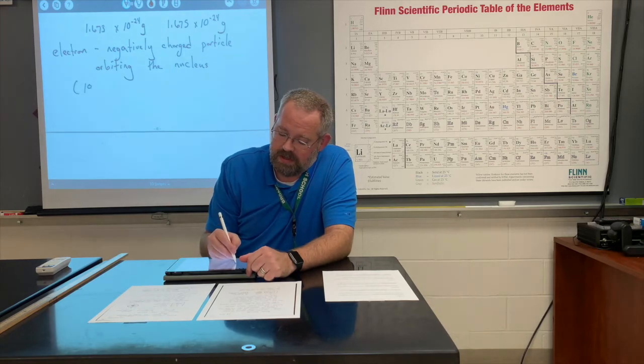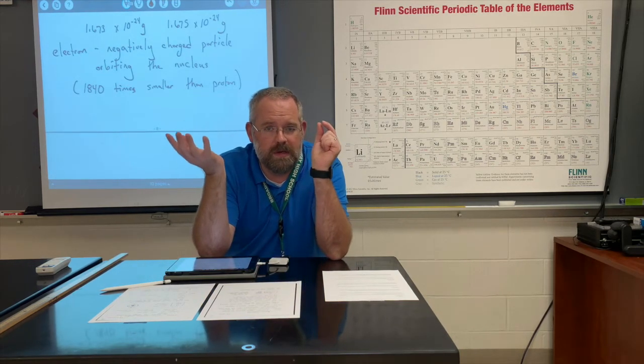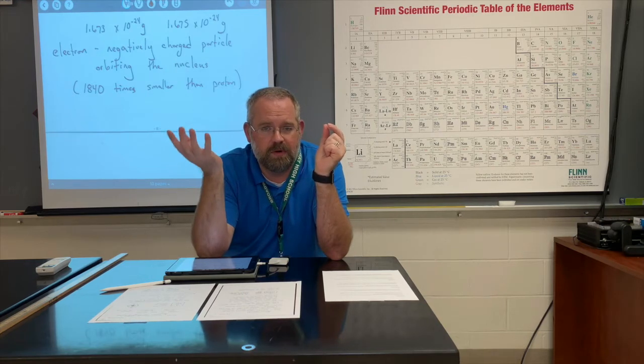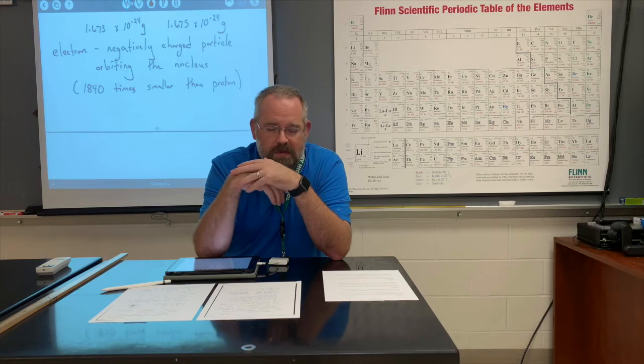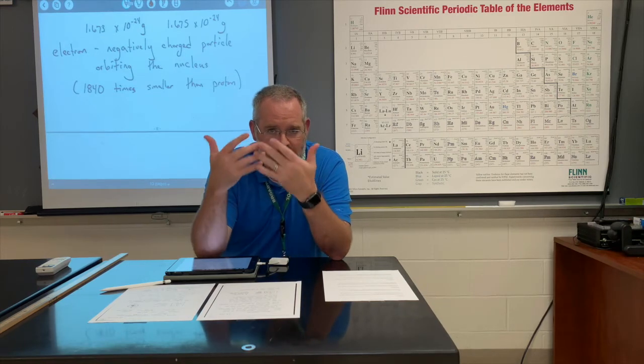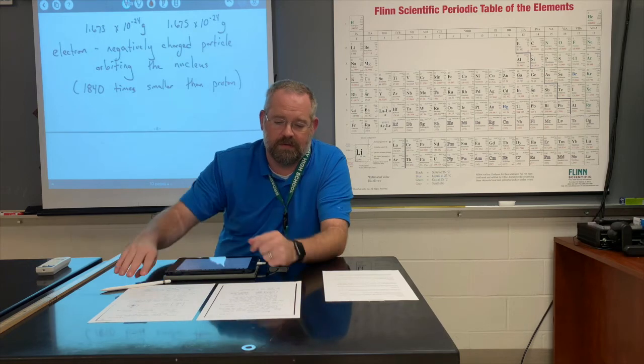We don't count it. An electron is 1,840 times smaller than a proton. So if you think about a basketball and a tiny BB, that's about the size difference between a proton and an electron. It is significantly smaller than the proton. So while we do know the mass of it, it's not something that we typically measure when we are accounting for the mass of an atom.